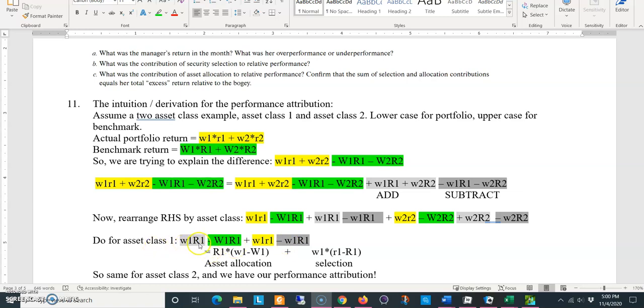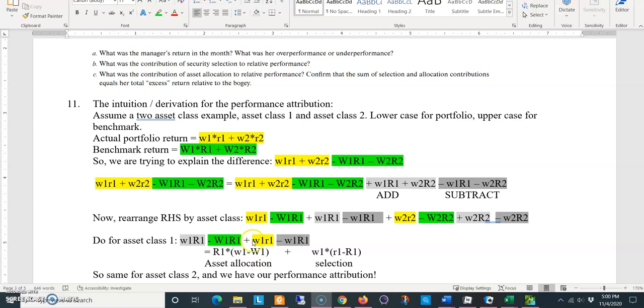I can rearrange these terms. It's w1 R1 minus W1 R1, uppercase, and this is lowercase. Now you can see this uppercase R1 is common to both, so I can take that out. It will be the uppercase R1 times lowercase w minus uppercase W, which is the portfolio weight minus the benchmark weight. This we know is our asset allocation component.